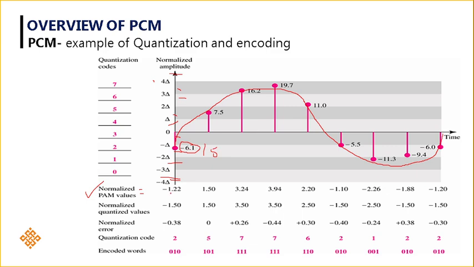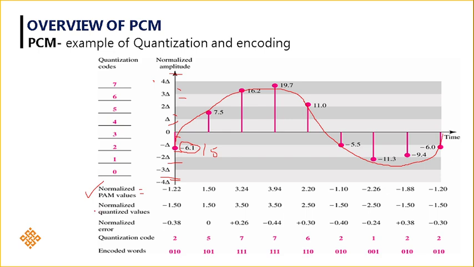Just divide it, you will get minus 1.22. Similarly 7.5 divided by delta 5, you will get 1.50. 16.2 divided by 5, you will get 3.24. Like that you need to divide each value by delta, and you will get the normalized PAM values.